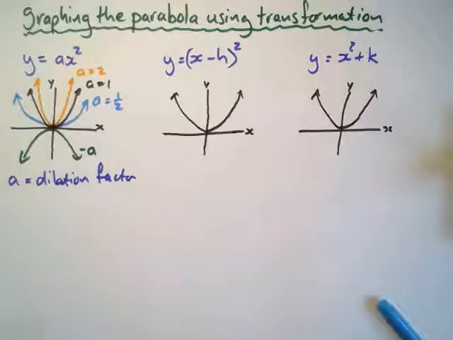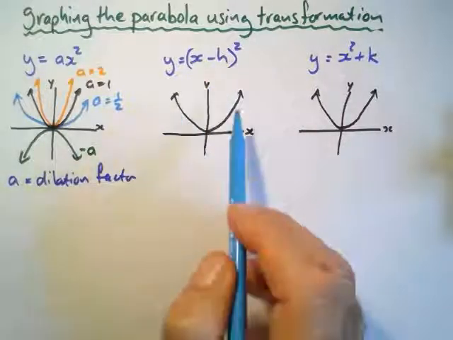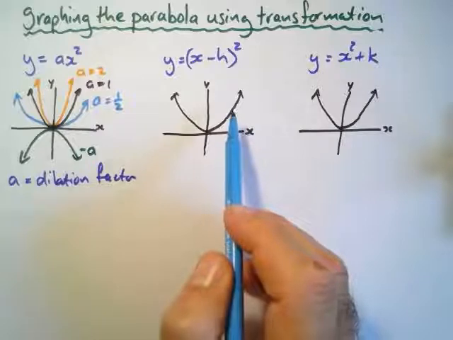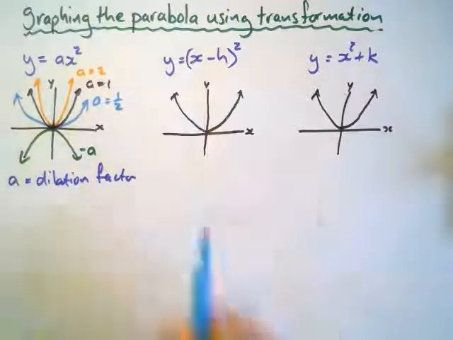Our next factor is translation, and this is going to be very hard. Some textbooks explain it as when h is positive, it moves in the x direction. However, then we look at the formula, and I actually changed the formula.